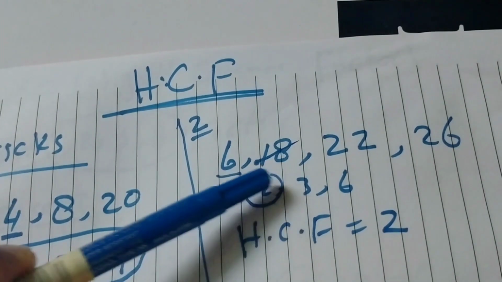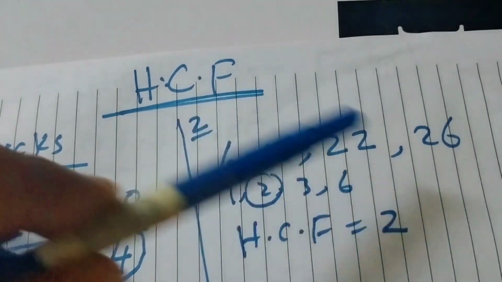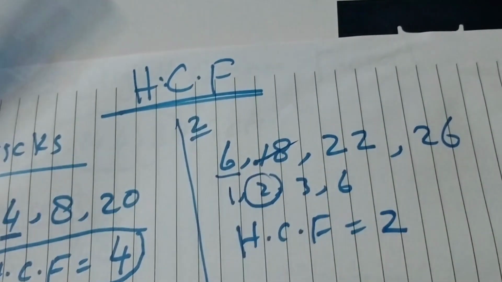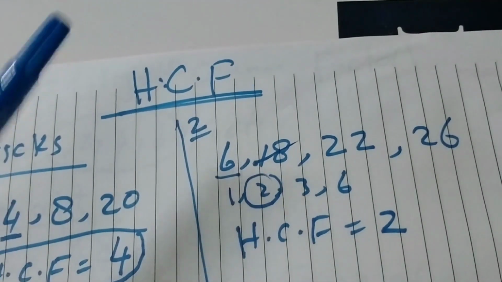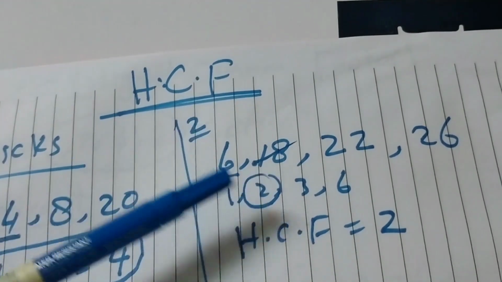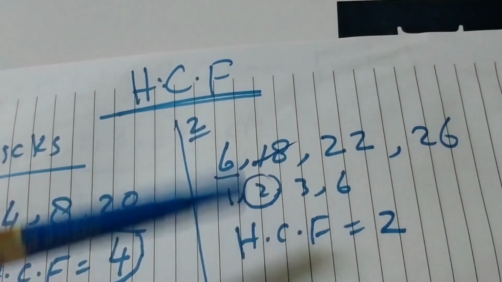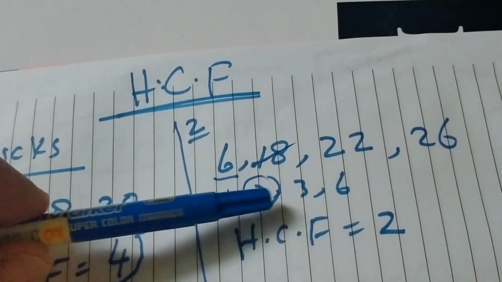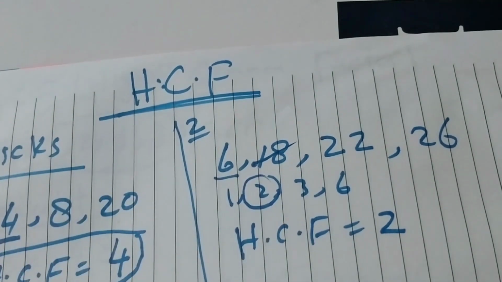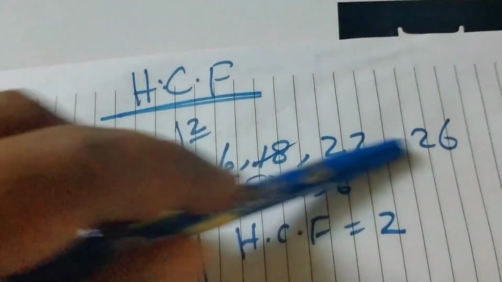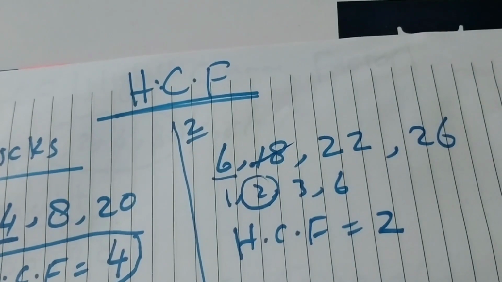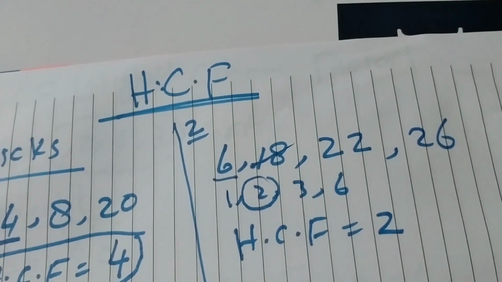Then we will see which factor of the smallest number divides all the numbers. That factor will be our HCF. The factors of 6 are 1, 2, 3 and 6. So 2 is a factor of 6. All numbers are divisible by 2. So 2 is our HCF.